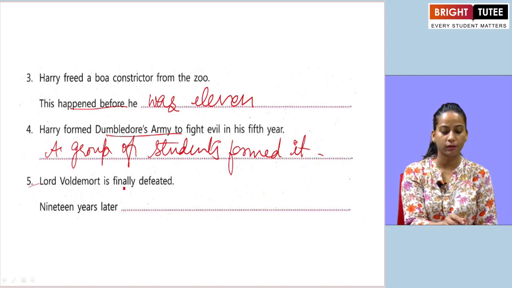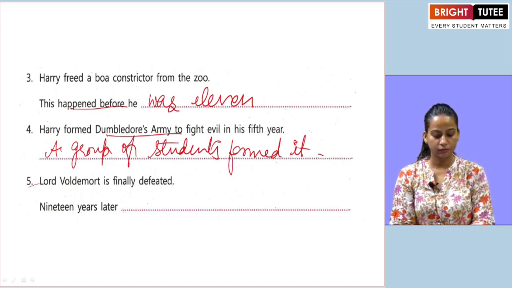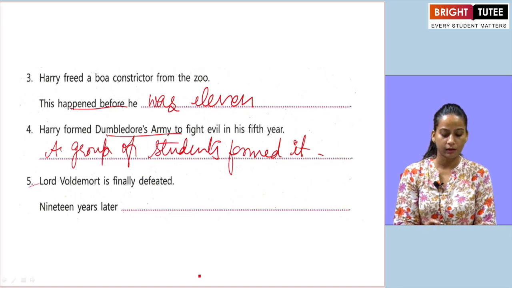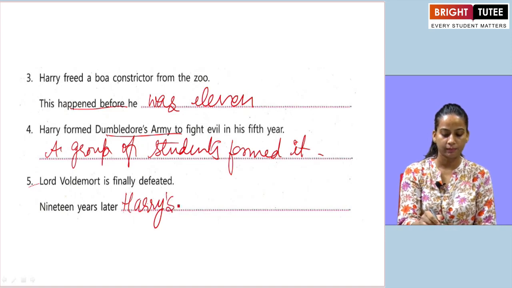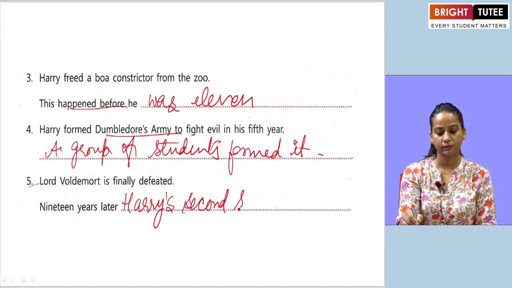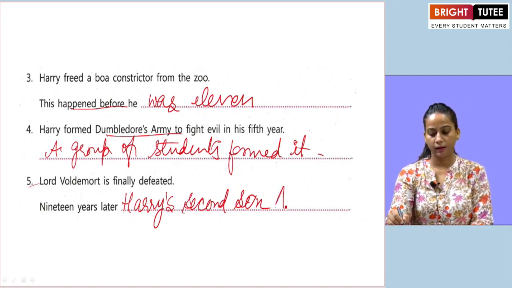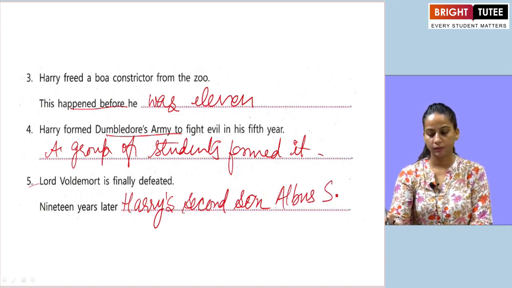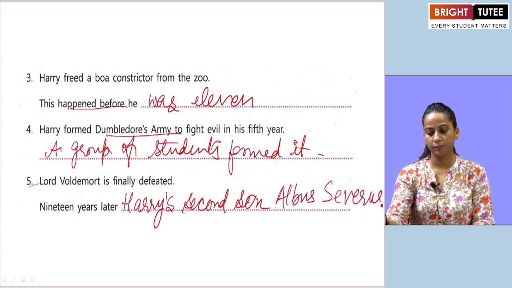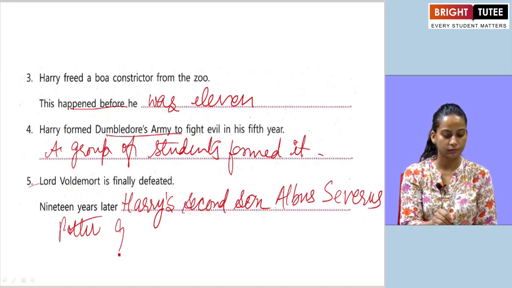Next is Lord Voldemort. Lord Voldemort is finally defeated 19 years later. So we have to mention 19 years later, in the last part of your story it is given, Harry's second son, the name you will mention, Albus Severus Potter goes to Hogwarts.